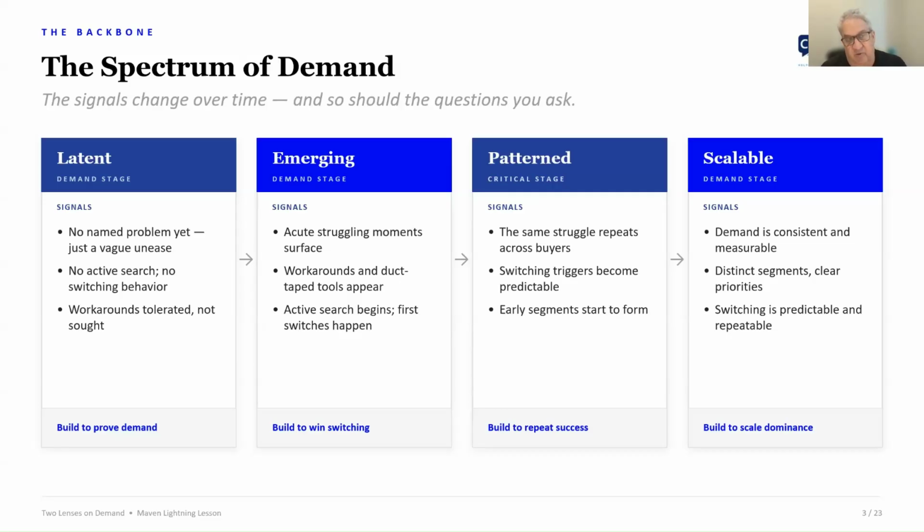And so you can think of this spectrum of demand as the stages of demand as it relates to product market fit, right? Where by the time we get to this pattern stage, some level of product market fit has been uncovered or determined, but it's not yet been scaled, right?